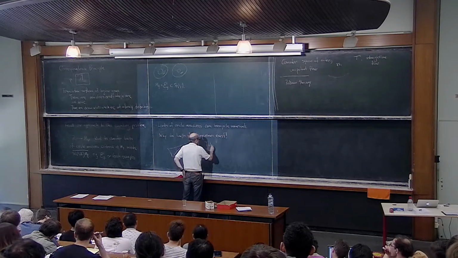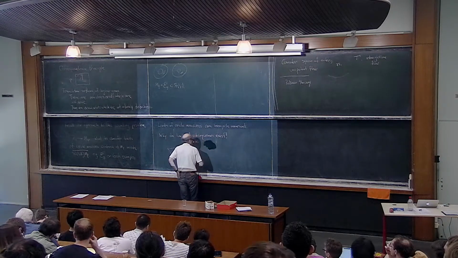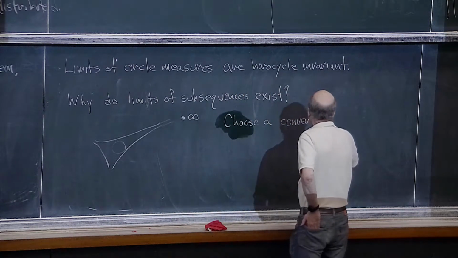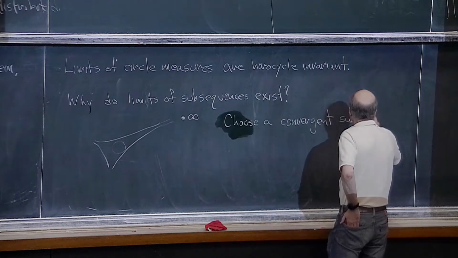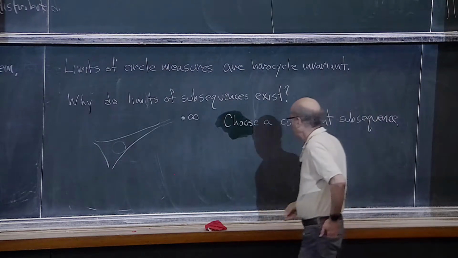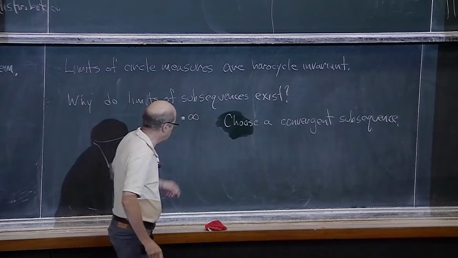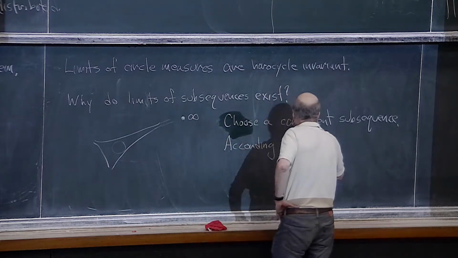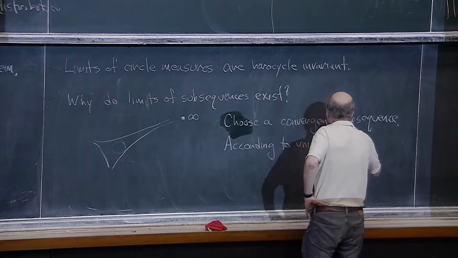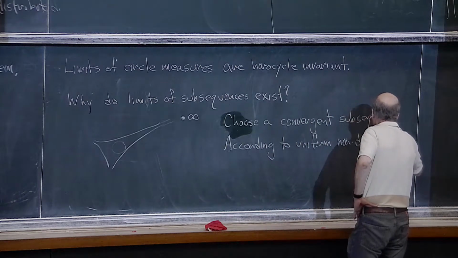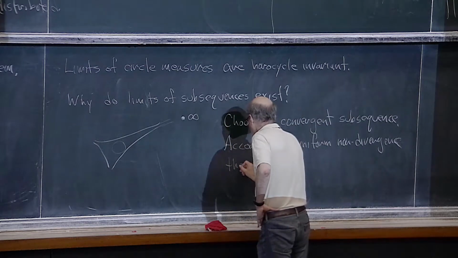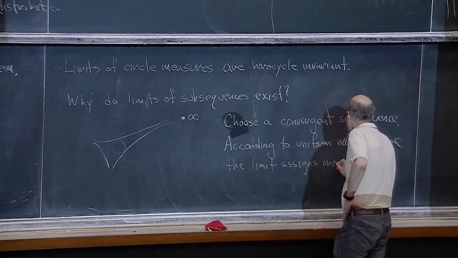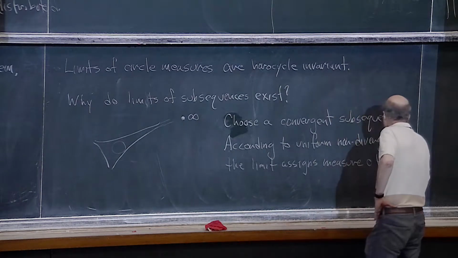So we can choose a convergent subsequence, and according to uniform non-divergence, the limit assigns measure 0 to the point at infinity.